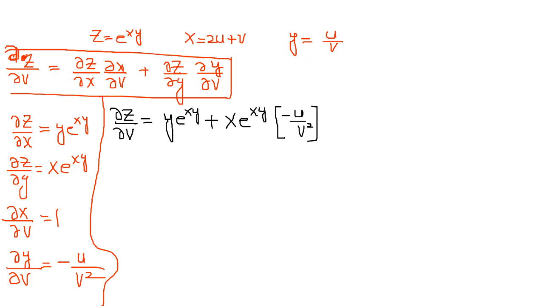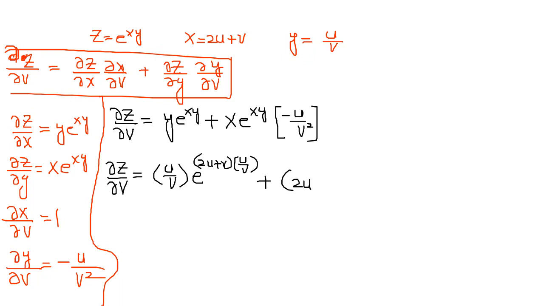Okay, now substitute the values of x and y in this result. y is u divided by v, e power xy is e power (2u plus v) multiplied by u divided by v, plus x is 2u plus v, and e power (2u plus v) multiplied by u divided by v into minus u divided by v square.